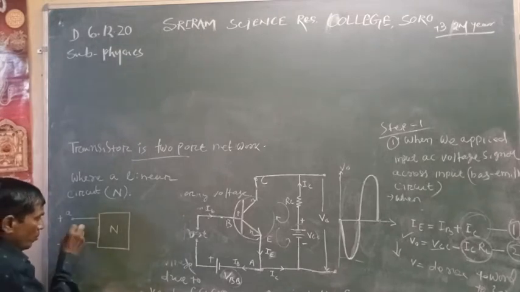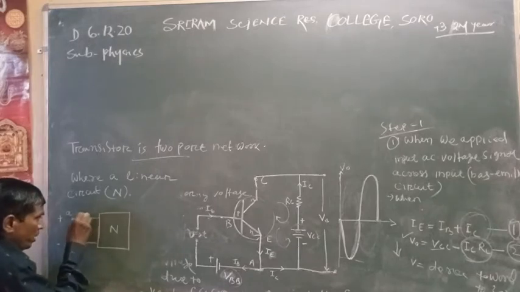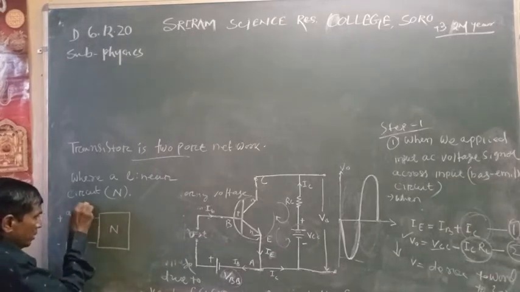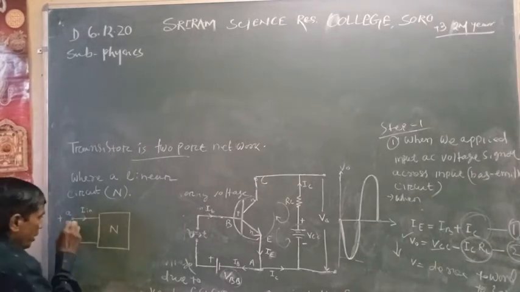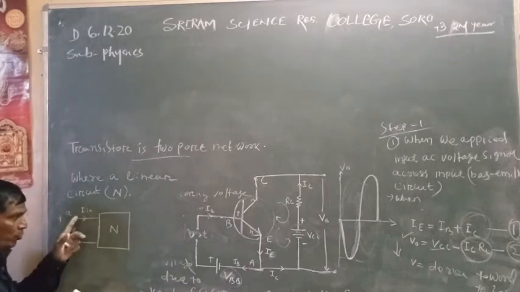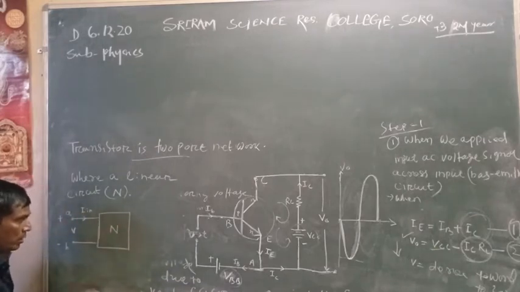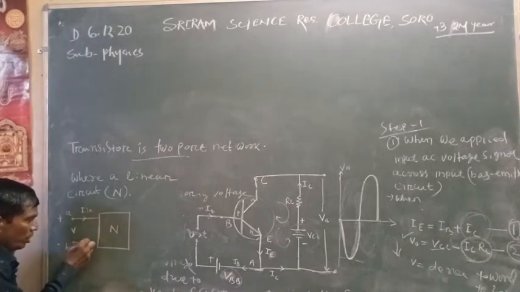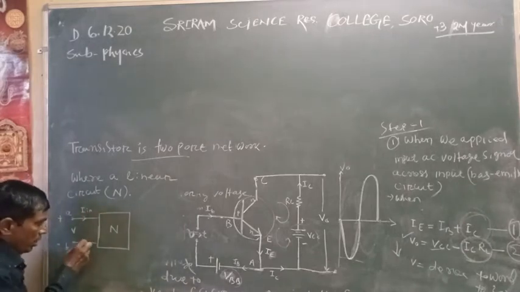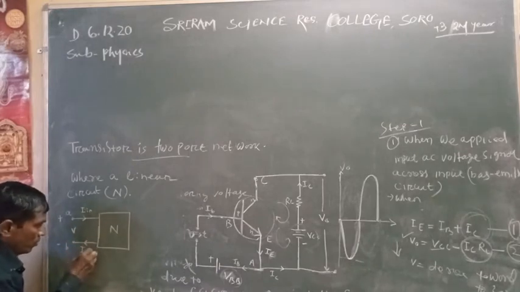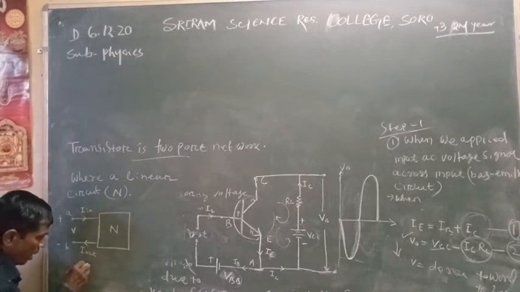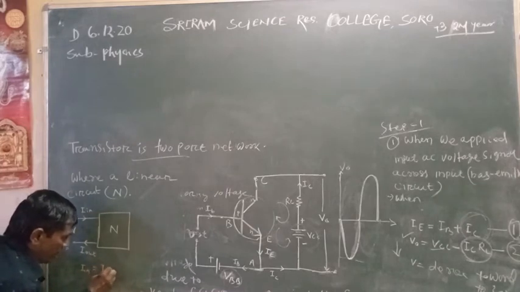When we consider the supply voltage V, current passes into the network, that is I1 or I in. This input current entering the network, the same amount of current leaves the network, that is IO or I out. Here I in equals I out.